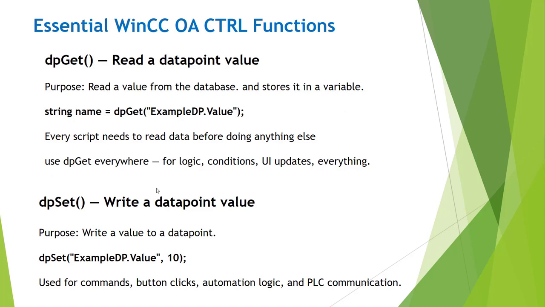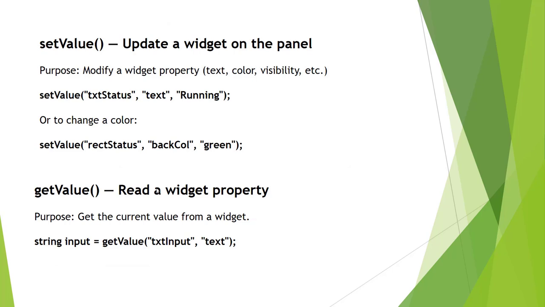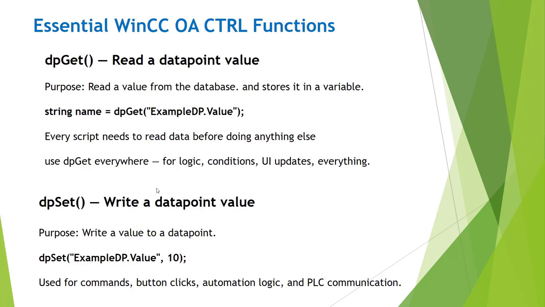Now we start the essential control functions. First is dpGet. The dpGet function reads the data point value. It reads the value from the database and stores it in a variable.